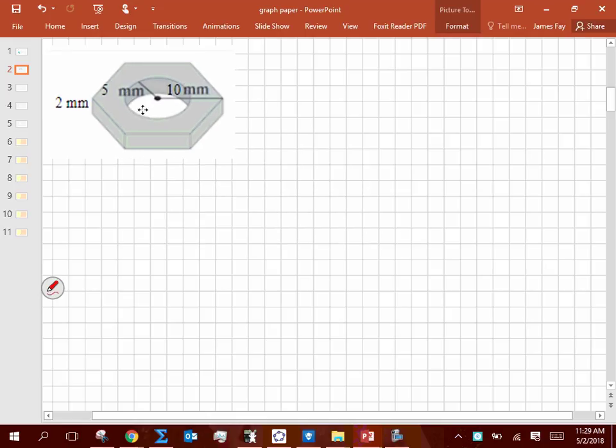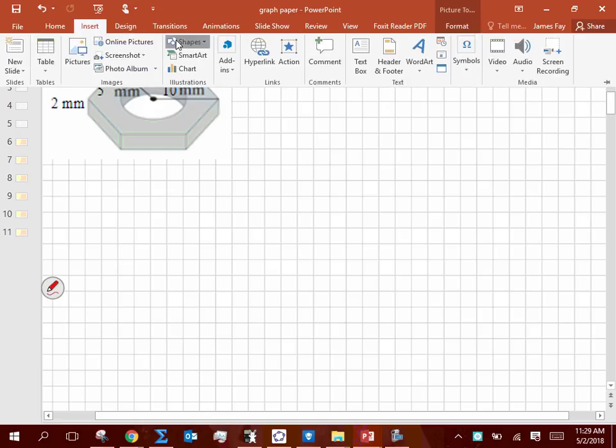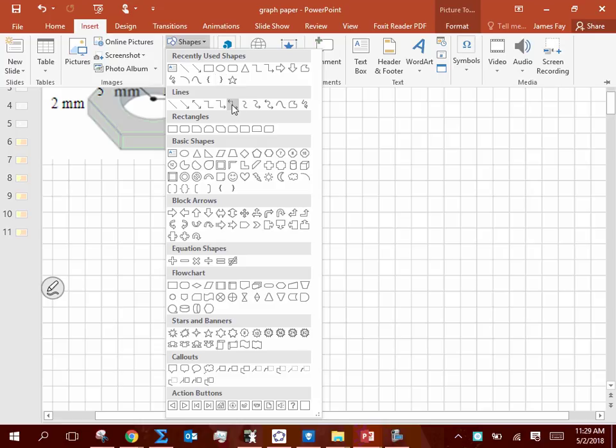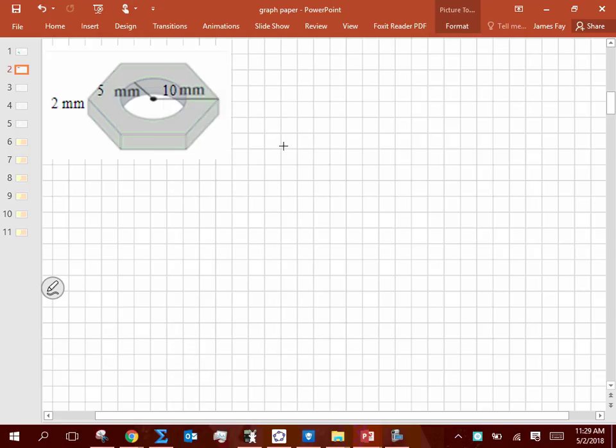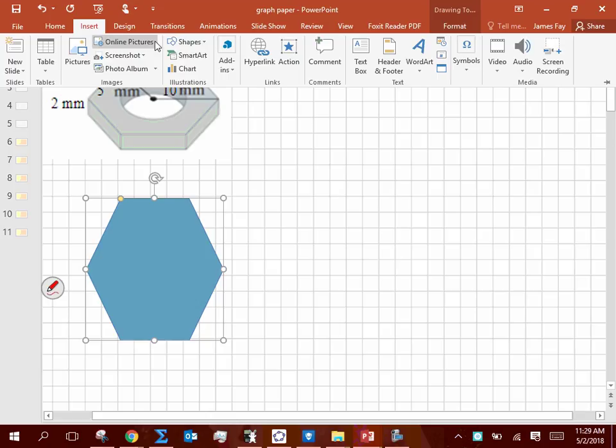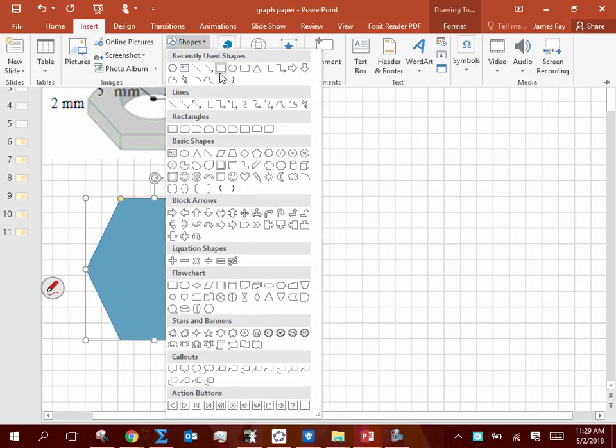All right, so that's the hexagonal nut that we're interested in, but I'm going to give myself a bird's eye view of this thing. So I'm going to turn it into looking straight down on it.